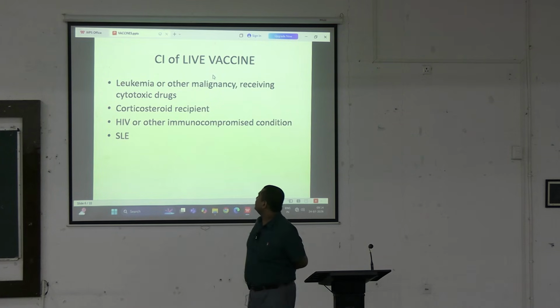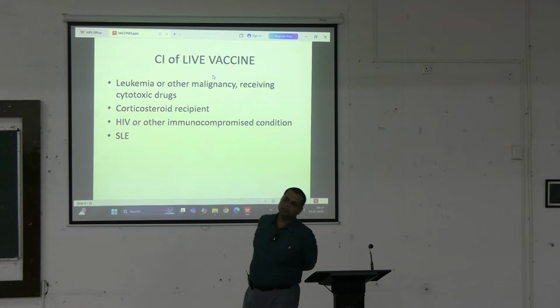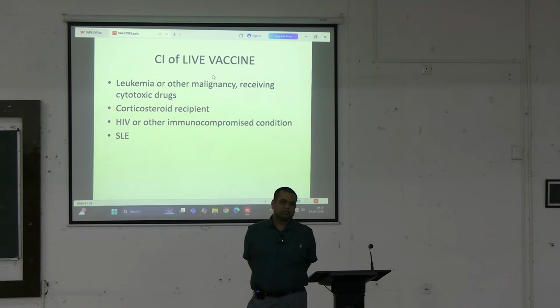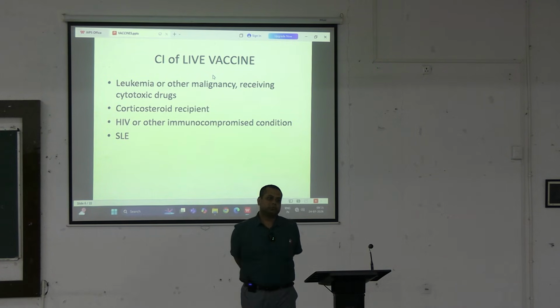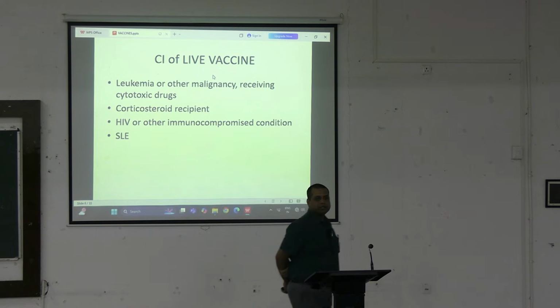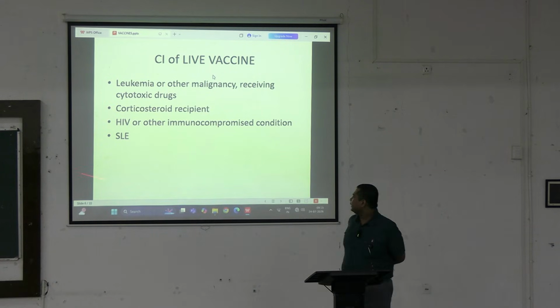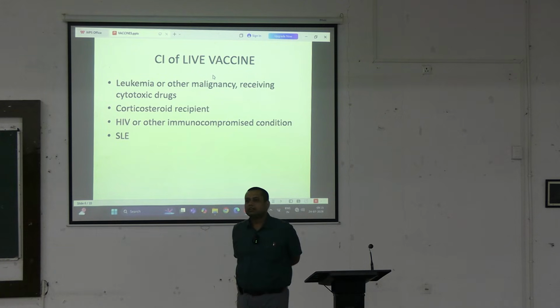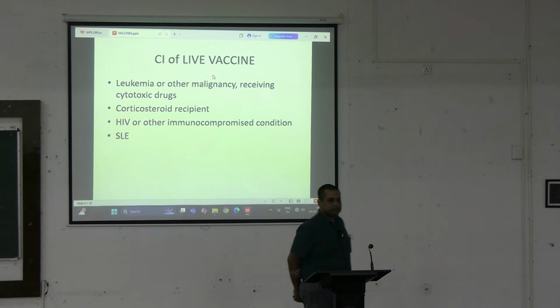Corticosteroid recipients. What does corticosteroid do? Immune suppression. Then HIV, as has been said, these are immunocompromised persons. SLE, another autoimmune disease.